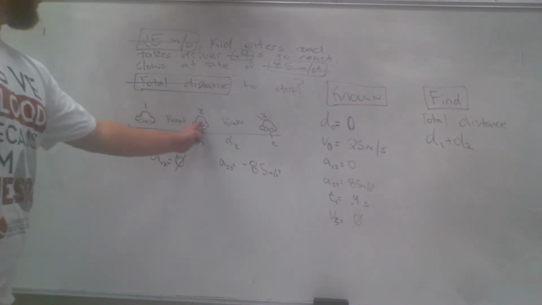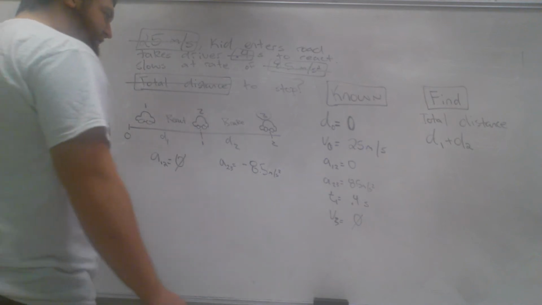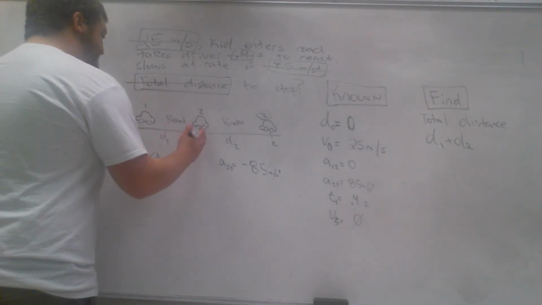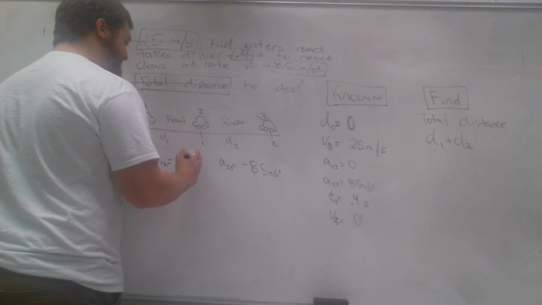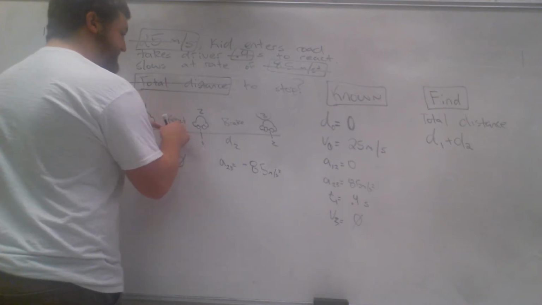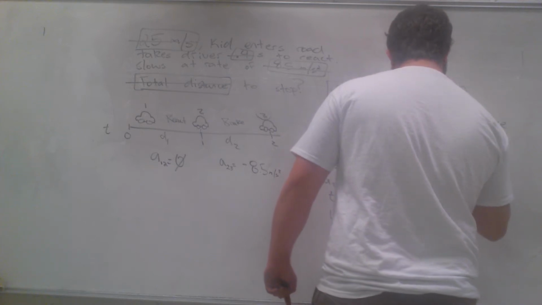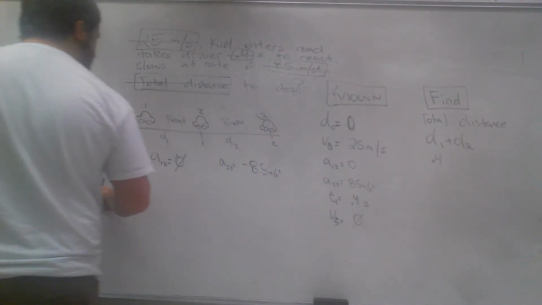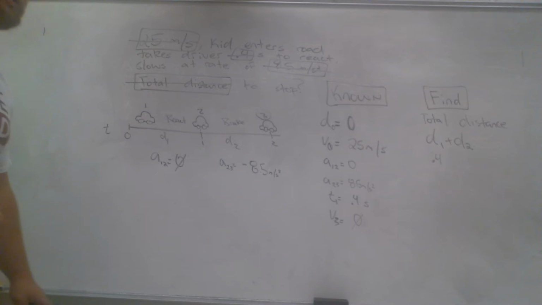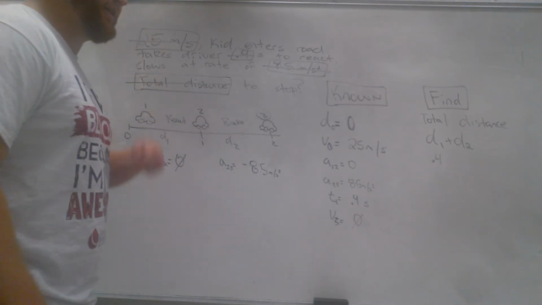So, how am I going to figure out from here to here? Well, how much time passed between time 0 and time 1? So what is my reaction time? It's 0.4 seconds. So I got 0.4. Now what am I going during that time? Okay, I haven't hit the brakes yet because my brain has not reacted and I've not hit the brakes.